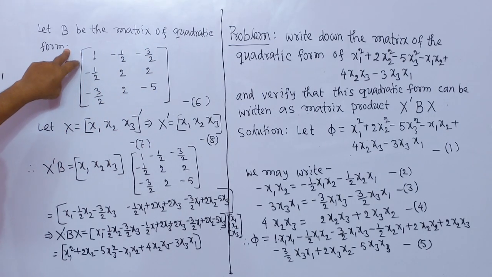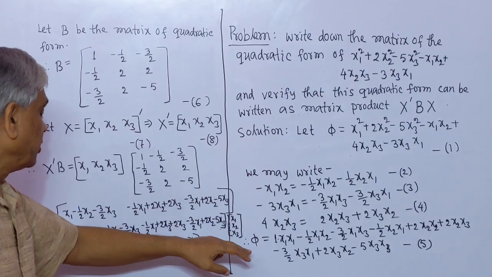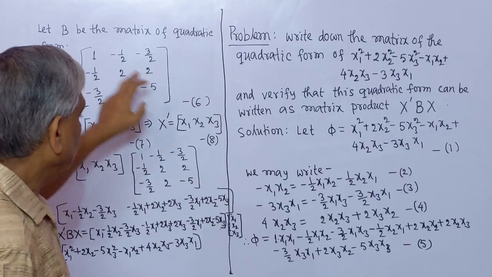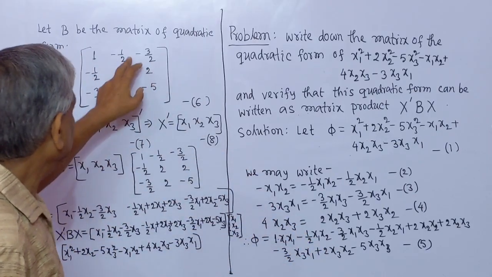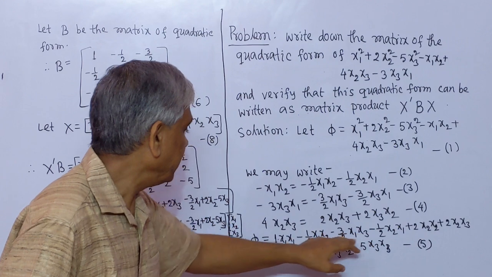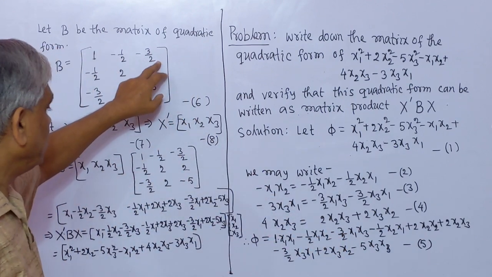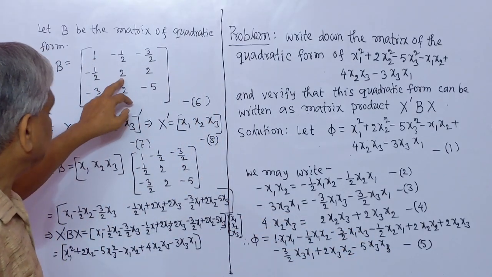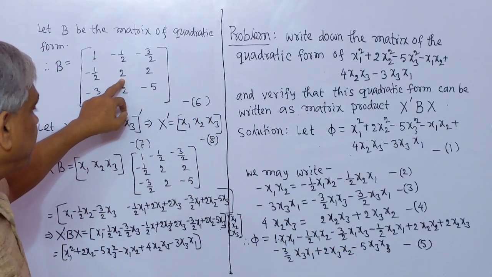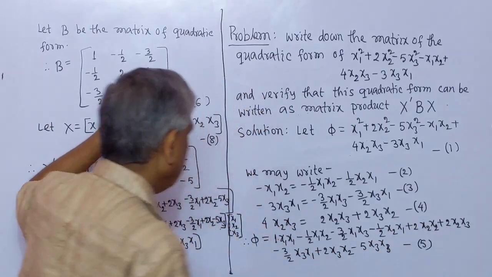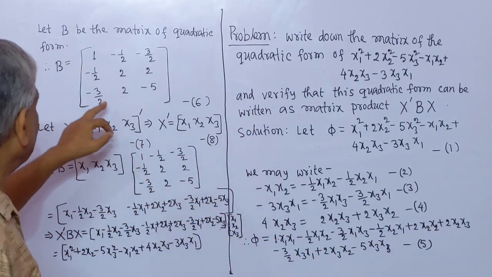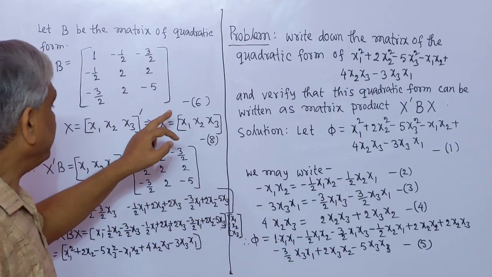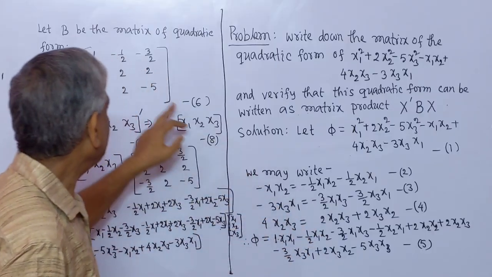Here we write the coefficient of x1x1, 1; coefficient of x1x2, minus half; coefficient of x1x3, minus 3 by 2; coefficient of x2x1, minus half; coefficient of x2x2, 2; coefficient of x2x3, 2; coefficient of x3x1, minus 3 by 2; coefficient of x3x2, 2; coefficient of x3x3, minus 5.